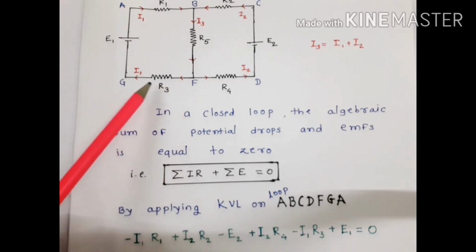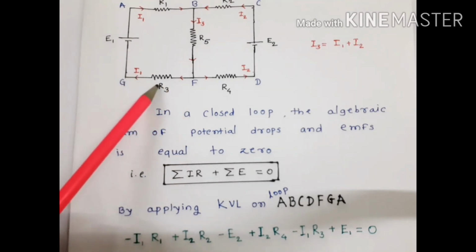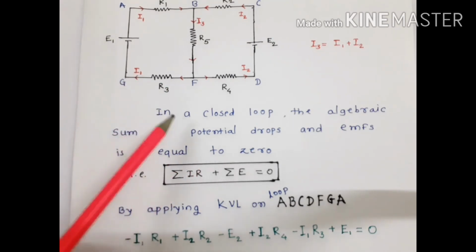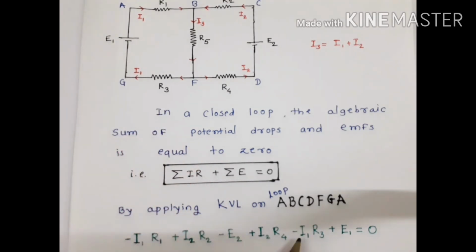Next is the segment FG. While tracing this path we follow the current I1, therefore the potential drop across R3 is taken as negative, so it is minus I1 R3. Then the last segment of this closed path is GA. While tracing this path we move from the negative terminal to the positive terminal of a cell, therefore that EMF is taken as positive, it is plus E1.